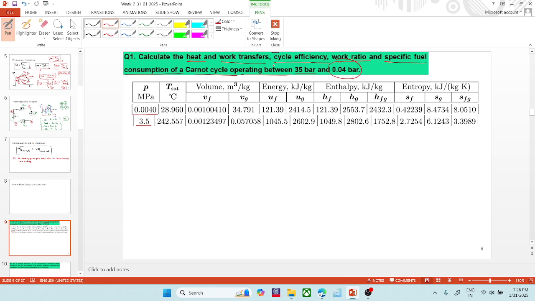The work ratio would also be high. In the next problem, which is based on the Rankine cycle, we will see the work ratio is significantly higher than when we adopt the Carnot cycle here.